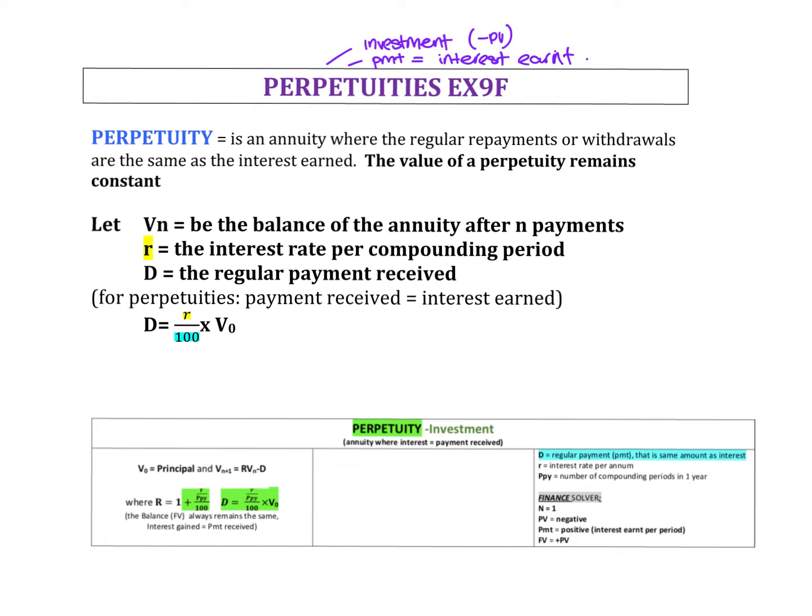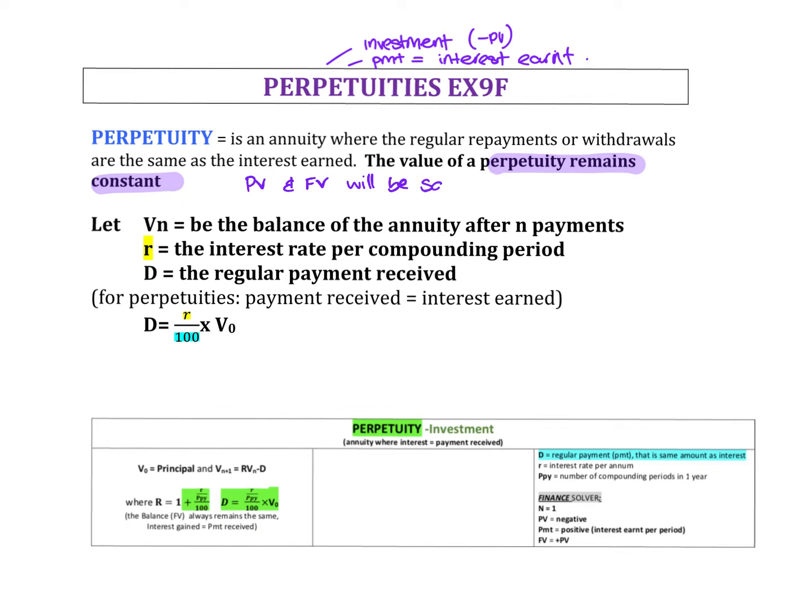Okay, so what you're going to see in the perpetuity is that the value remains constant. So in terms of Finance Solver, your PV and your FV will be the same amount.